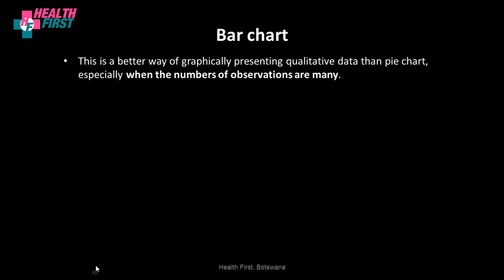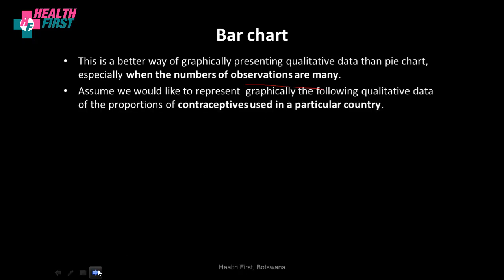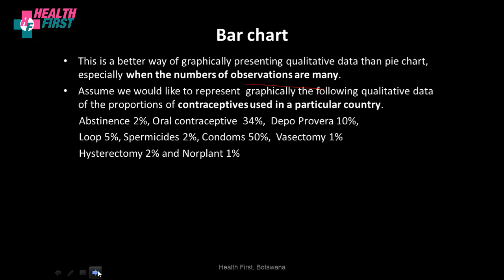A bar chart is basically a better way of graphically presenting qualitative data than a pie chart, especially when you are dealing with many observations. Assume we would like to represent graphically the following qualitative data of the proportions of contraceptives used in a particular country. We have all these methods of contraception.